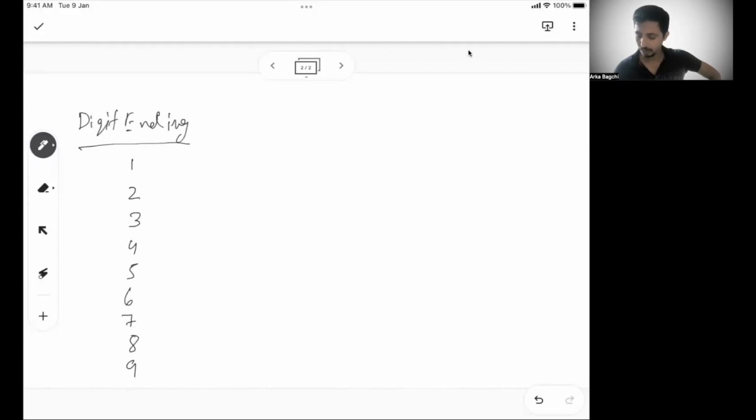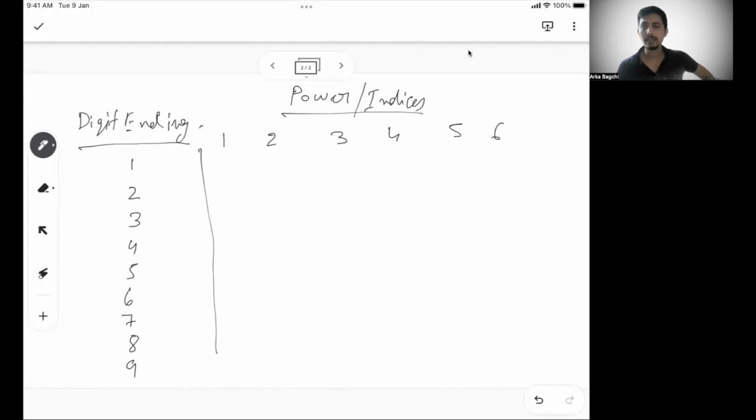Now, let's say this is the digit ending. If you have powers or indices, let's say you have powers 1, 2, 3, 4, 5, 6. Let's say a digit ending with 1 has a power of 1, a digit ending with 2 has a power of 2.